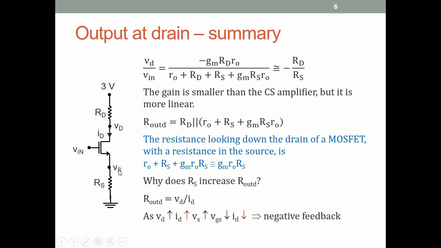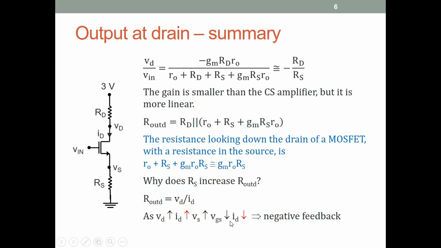which increases the source voltage, and when the source voltage increases, the gate source voltage decreases, and so the drain current decreases. So the net increase in the drain current is smaller when we have a source resistance, because there is negative feedback which causes VGS to decrease and the drain current to decrease.